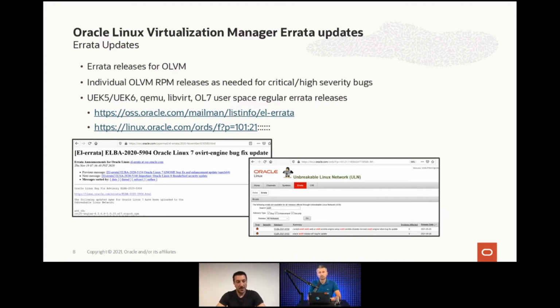At the same time, in the last year, for the KVM server, so the compute side of the solution, we introduced the support for Unbreakable Enterprise Kernel 6. That is the latest release for UEK, and just for your interest, it's a kernel built on the 5.4 upstream Linux kernel.